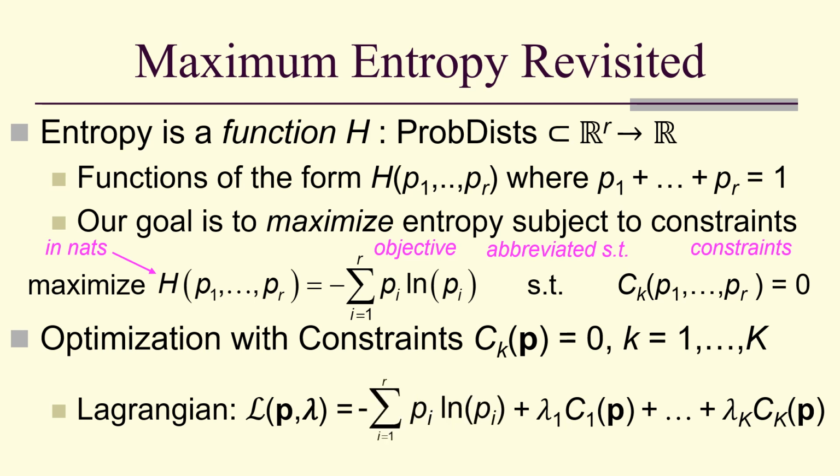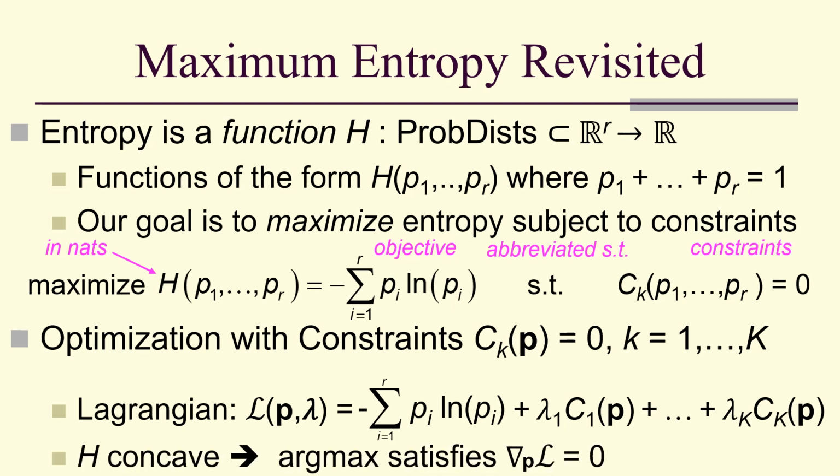And so our Lagrangian is the negative sum, that's the entropy there, and then plus lambda 1 times our first constraint all the way up to lambda k times our last constraint. And h is concave, so in order to find the optimal distribution, P1 to PR, or vector P, we simply need to find where the gradient of the Lagrangian is 0.